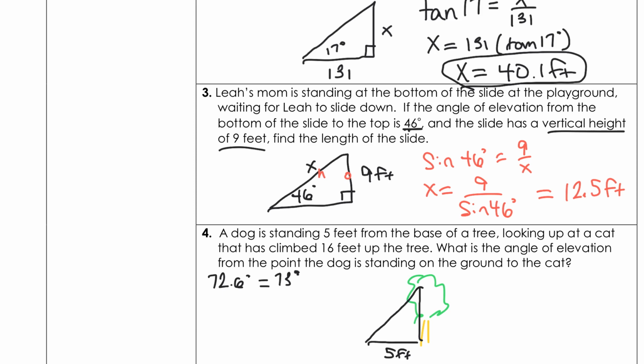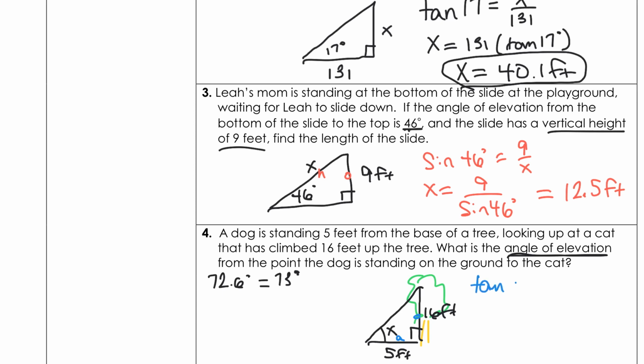We are looking for the angle of elevation, so we're looking at x. We know that the cat is 16 feet up. In reference to our angle, we have the opposite and adjacent, so that again is tangent.